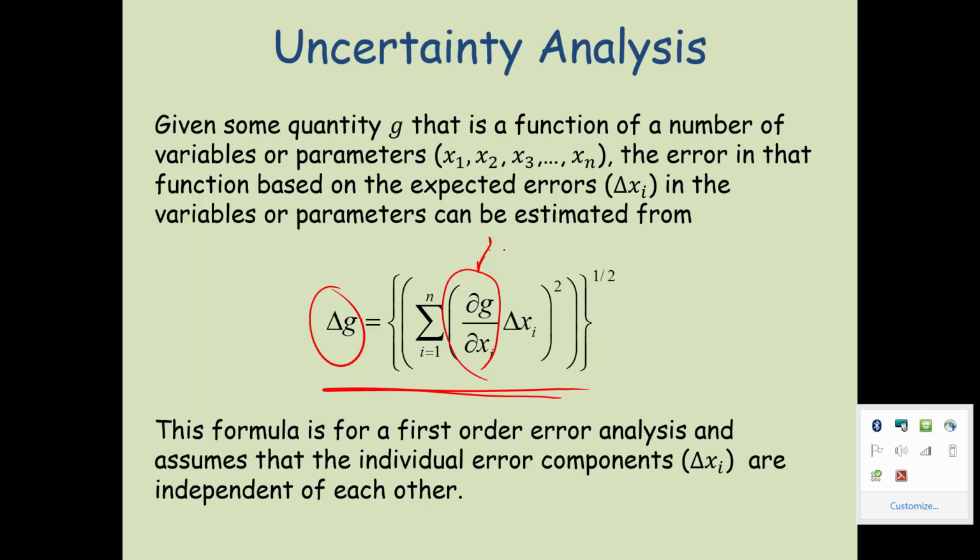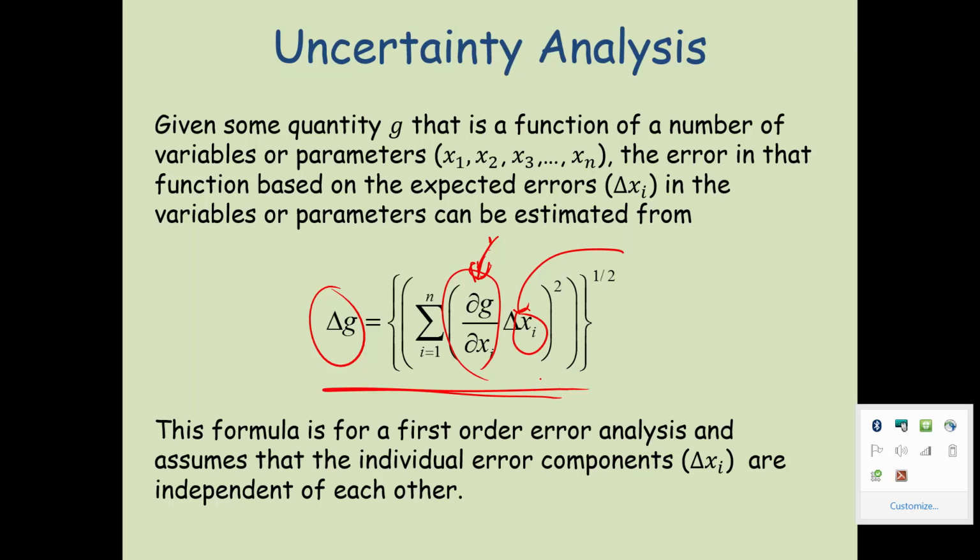So this quantity here quantifies the sensitivity of the variable G with respect to a particular variable or parameter xi, and this quantity here represents the uncertainty that you have in that particular input variable or parameter.